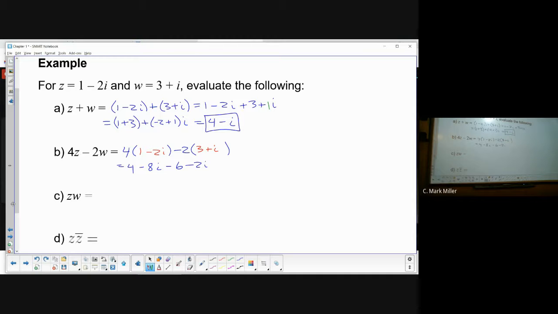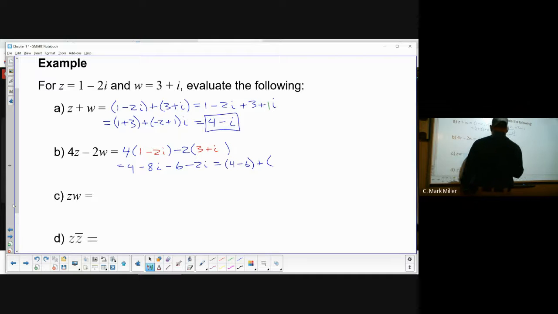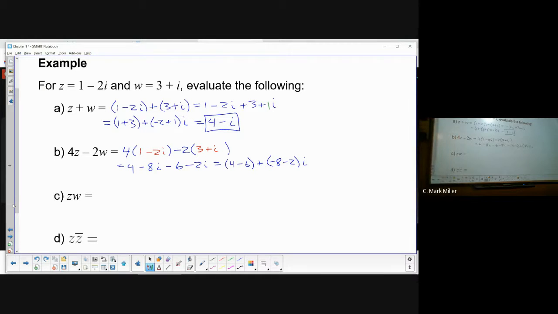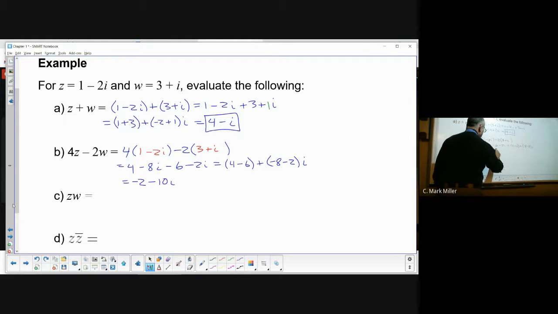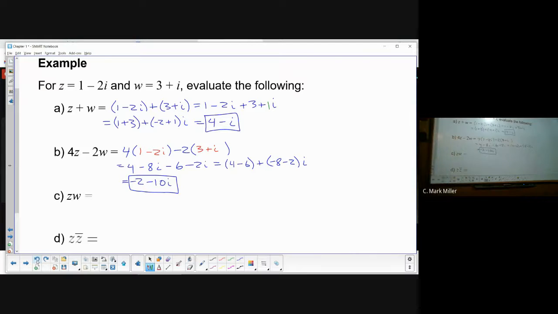Group like terms: 4 minus 6, plus minus 8 minus 2, all times i. That gives us minus 2, and then minus 10i. All right. Questions on that?